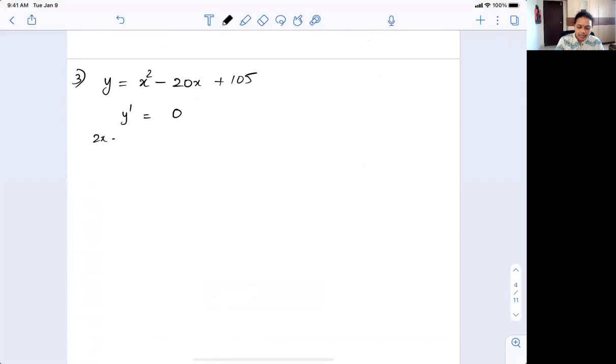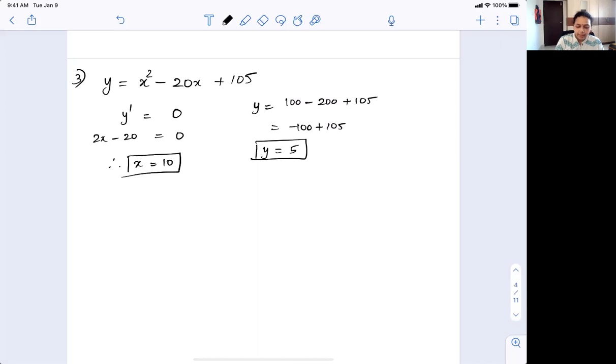So this is just 2x minus 20 is 0. Therefore, I know my x is just going to be 10. And when x is 10, what is my y going to be? So y will be 100 minus 200 plus 105. So it's minus 100 plus 105, and y is just equal to 5. Therefore, 10, 5 is my critical point.